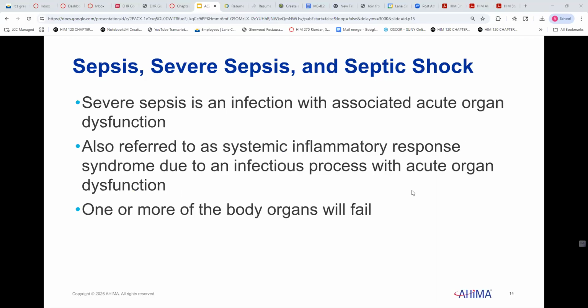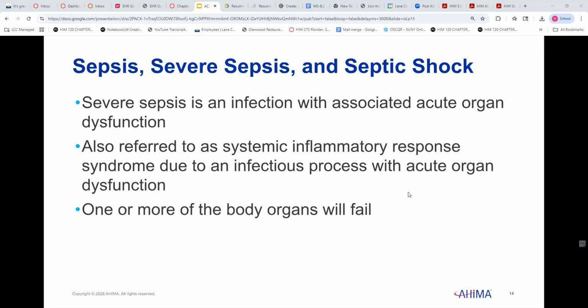Severe sepsis is an infection, but not only is it an infection within the blood, it's associated with acute organ dysfunction. So this is something that you'll see: SIRS, systemic inflammatory response syndrome.